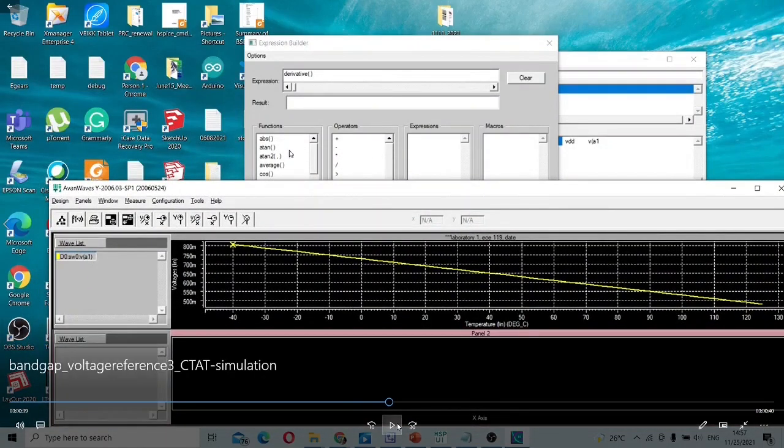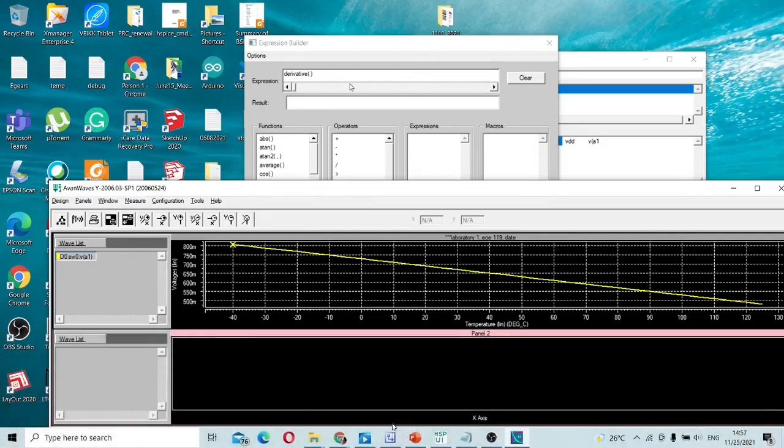So basically, to get the derivative or the slope of the voltage A1, I just hold and drag this voltage here to the expression builder.